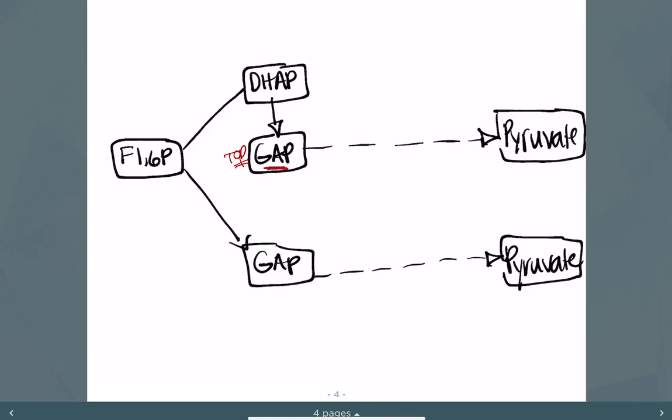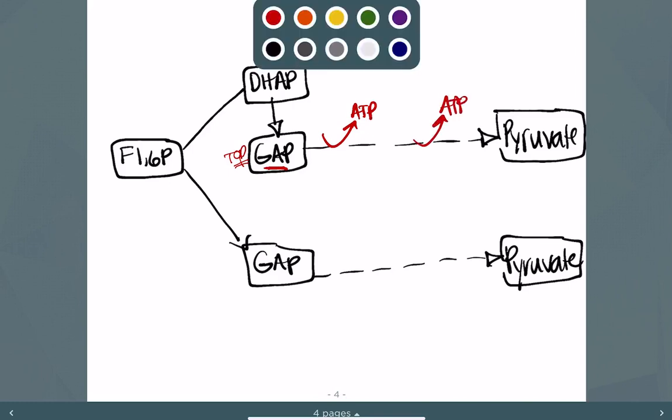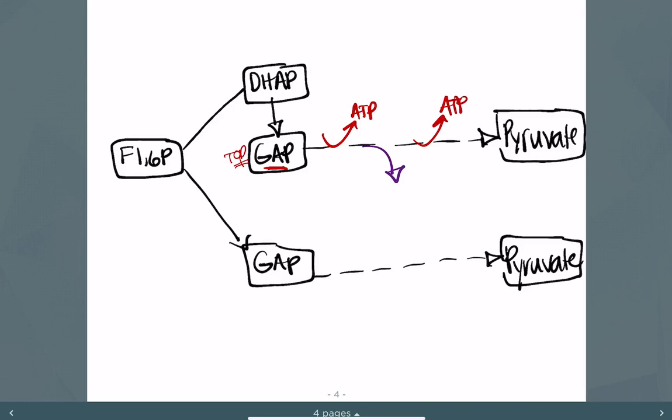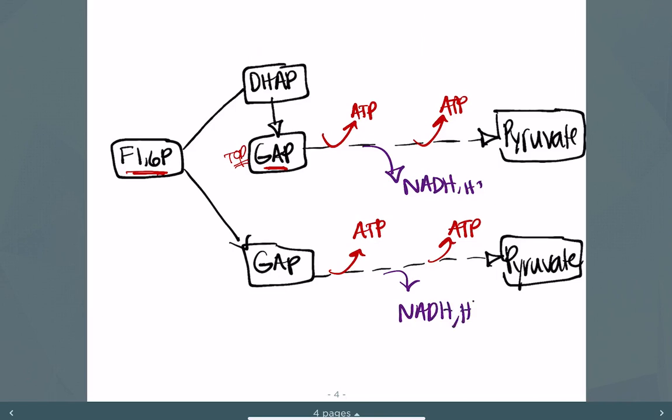This top GAP molecule, right at one stage, will make an ATP, and at another stage will make an ATP, and will ultimately transfer an electron onto an NAD to make NADH. Similarly, the GAP that was originally stripped off the F16P will go through those same exact steps and make an ATP molecule at 2 separate steps and form 1 NADH electron carrier.